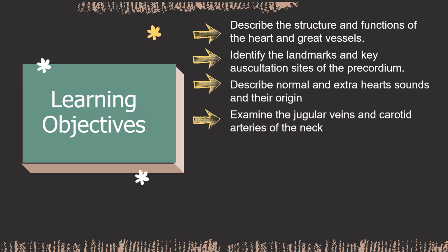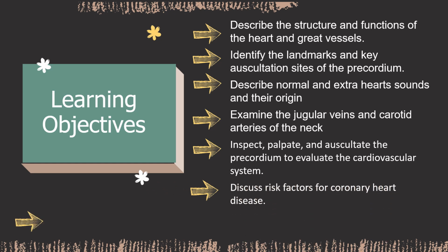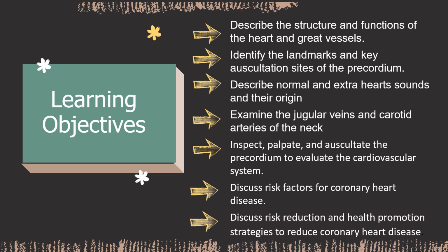Examine the jugular veins and carotid arteries of the neck. Inspect, palpate, and auscultate the precordium to evaluate the cardiovascular system. Discuss the risk factors for coronary heart disease, and finally, discuss risk reduction and create health promotion strategies to reduce coronary heart disease.